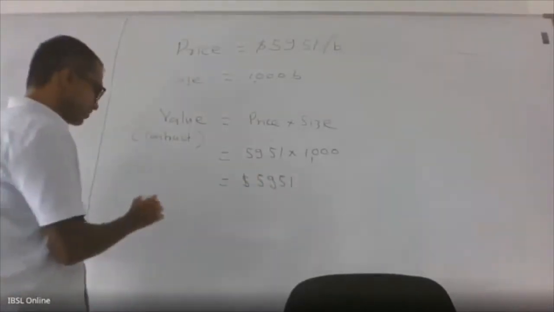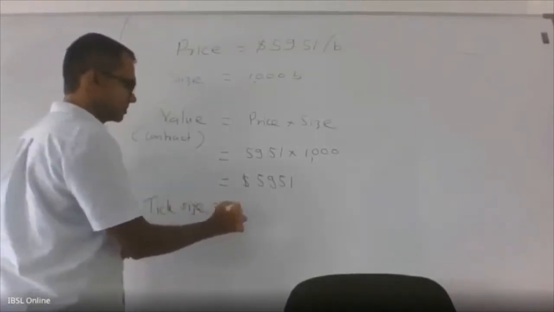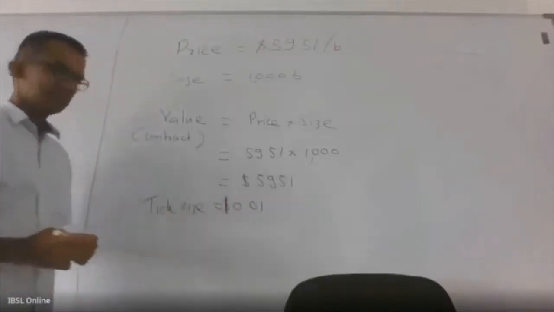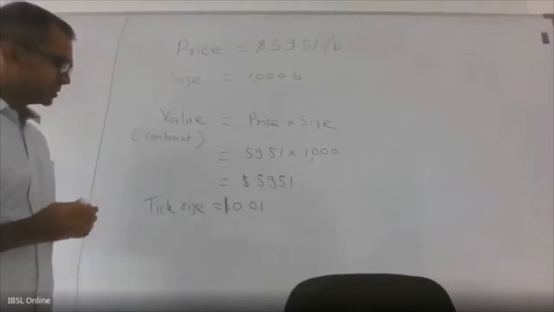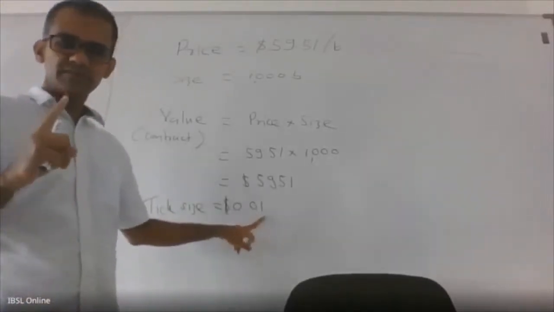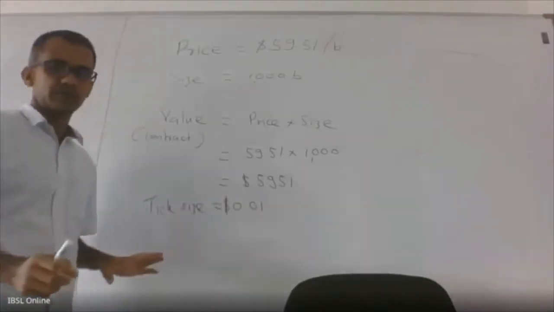So now we assume tick size is $0.01. What does it mean? The price can change only at the second decimal place, by 1 cent at minimum.